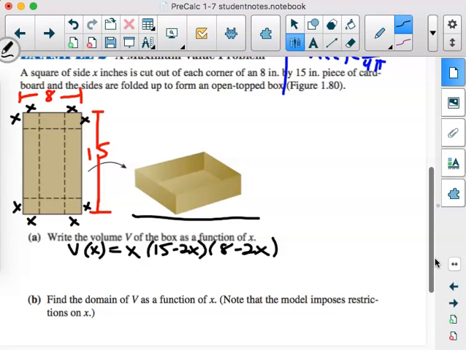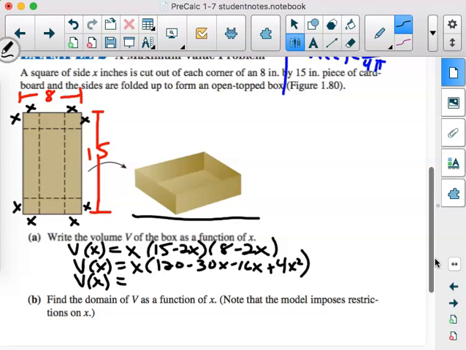So what I would do is FOIL, and that would give me 120 minus 30x minus 16x plus 4x squared, and then multiply. Actually, I probably would simplify first and put those two middle terms together and also put that in standard form with the x squared term first, because that would drive me bonkers not to have that in standard form.